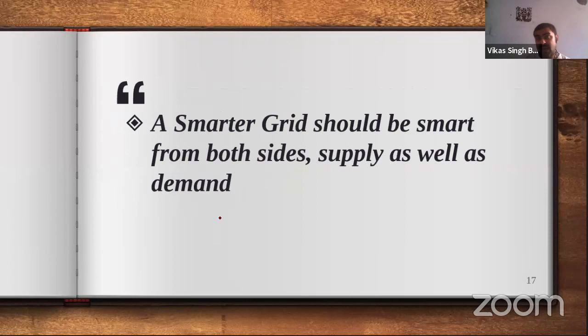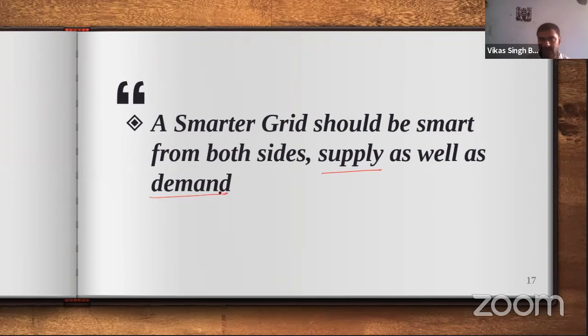Now the smart grid is the main component of the smart city, because in a smart city, each and every object should be smart. Smart means that it should be able to communicate and able to take decisions. So a smart grid should be smart from both sides, means supply side as well as demand side.